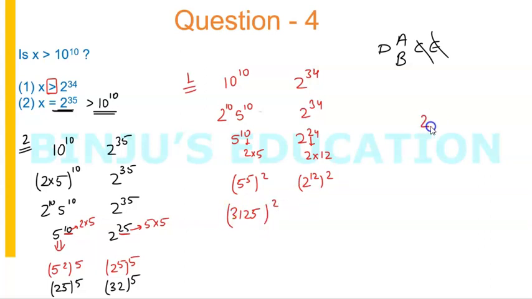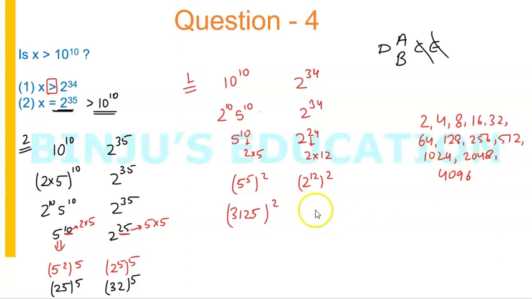Now 2 to the power 12: 2, 4, 8, 16, 32, 64, 128, 256, 512, 1024, 2048 and 4096. Just 4096 square.